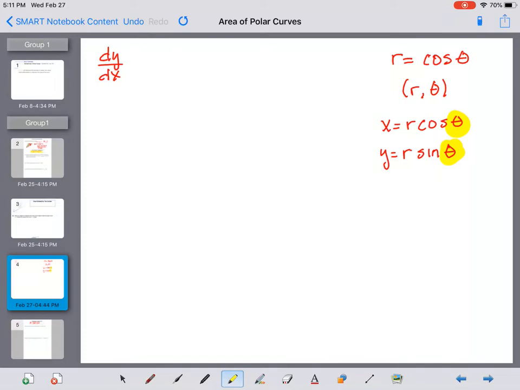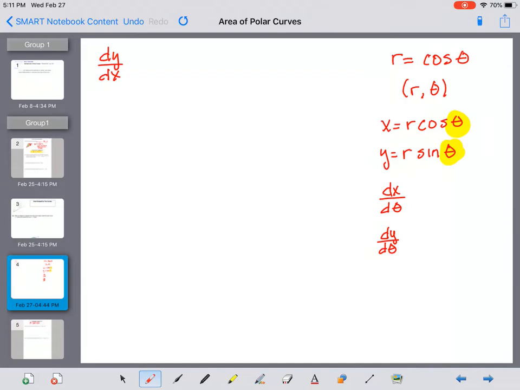So when we take the derivative, we take the derivative with respect to theta, which means if I take the derivative of the first equation, I get something that looks like dx over d theta, which is nice because that dx is present now in our equation. And if I take the derivative of the second one, I'm going to get something that looks like dy d theta.